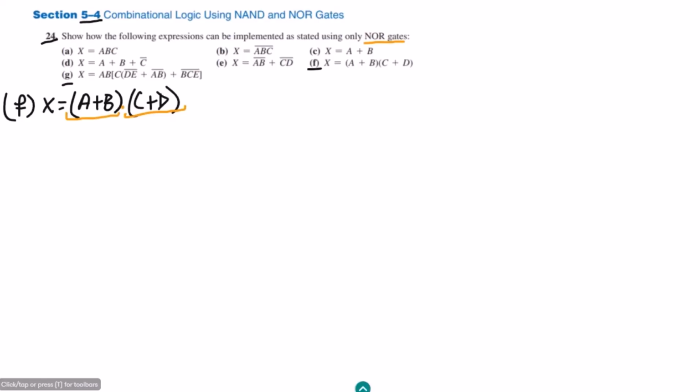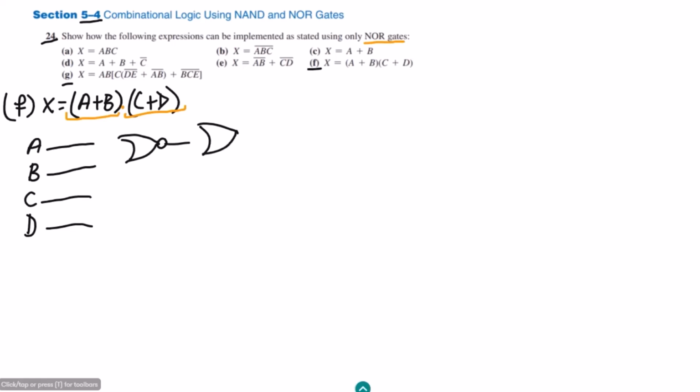First of all, let me see how many inputs I have. I have 4 inputs, and these inputs are A, B, C, D. So the input lines are 1, 2, 3, 4. Let me first add A plus B. The adder here is this NOR gate, which is followed by another NOR gate for the inversion purposes.